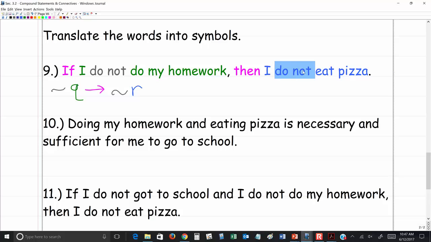And then number 10, doing my homework and eating pizza is necessary and sufficient for me to go to school.